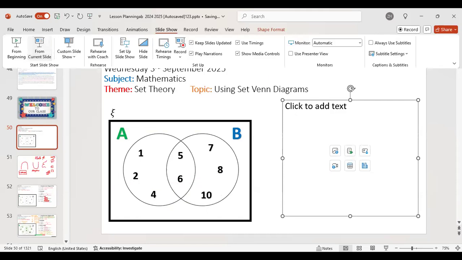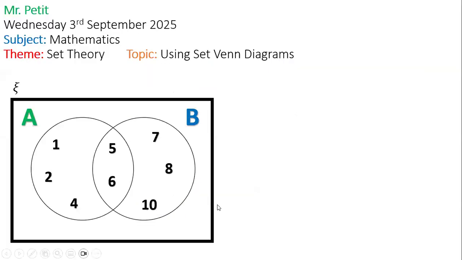All right, so how does your diagram look? How does your Venn diagram look? Let me know. Copy and paste. It looks just like mine, or better. Anyone else? How does your diagram look?